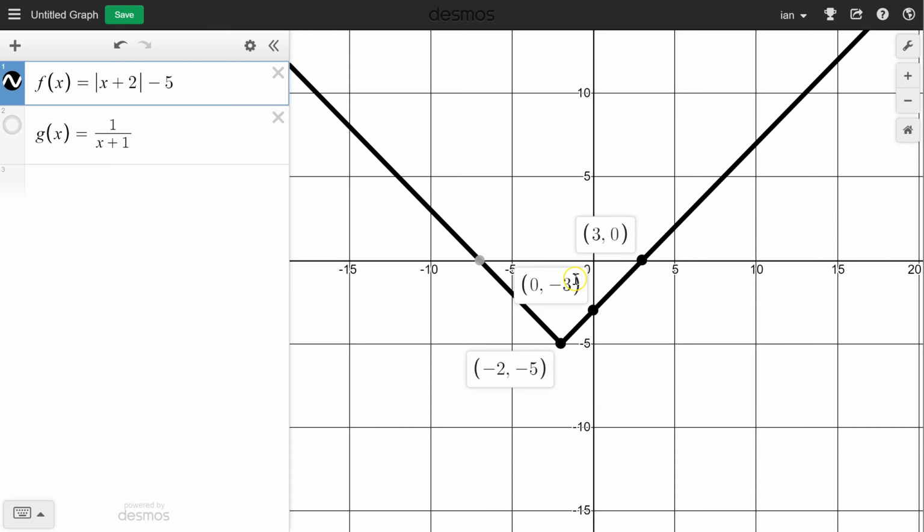We're going from -5 to -3 to 0. So our y values are increasing off to infinity. See, they're going up to infinity. So our x values go from -infinity all the way to positive infinity, just focusing on the x value, and then the y value goes off to infinity.